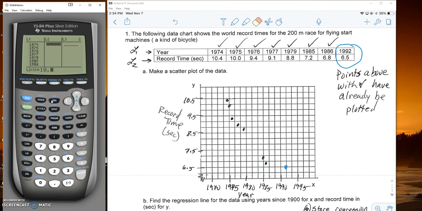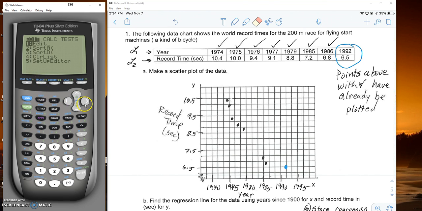And then the times: 10.4, 10.0, 9.4, 9.1, 8.8, 7.2, 6.8, and 6.5. So I've put these into Stat Edit.